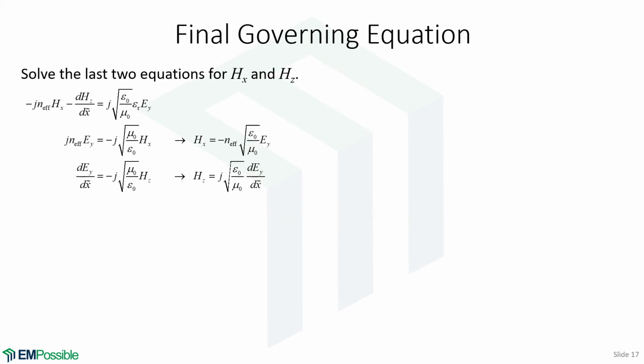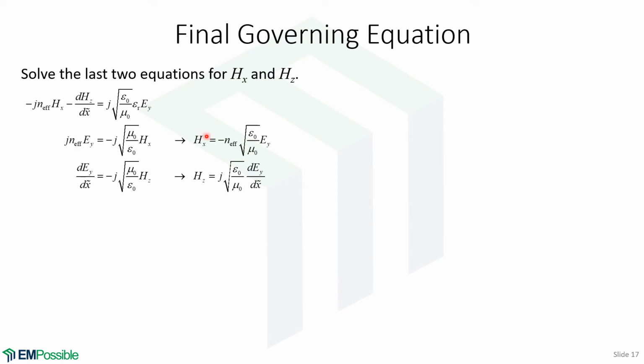Okay. So we have our 3 equations where we've normalized our x coordinate and we've dropped the free space permeability. What we're going to do is take these second and third equations and solve them for the magnetic field. So this second equation we will solve for Hx, and our third equation we will solve for Hz, and we get these 2 expressions.